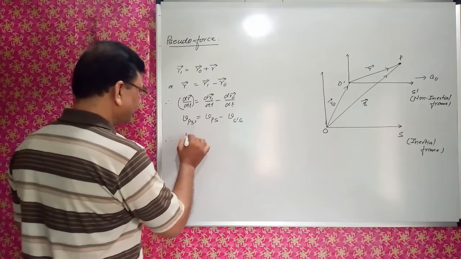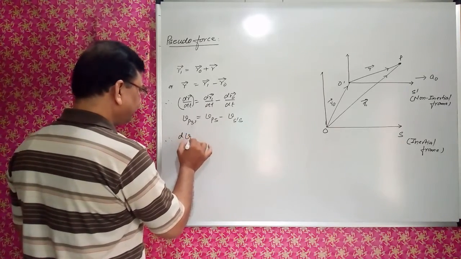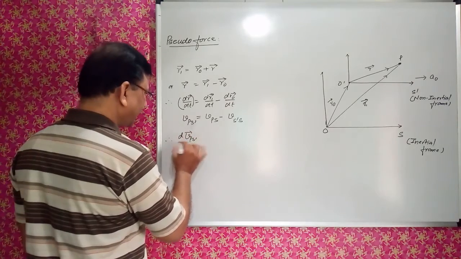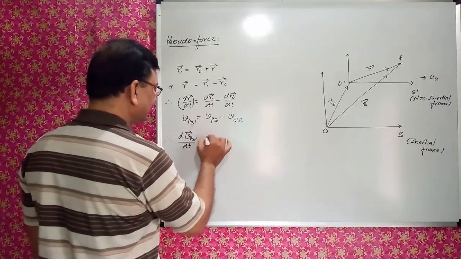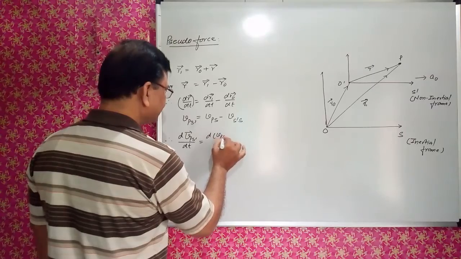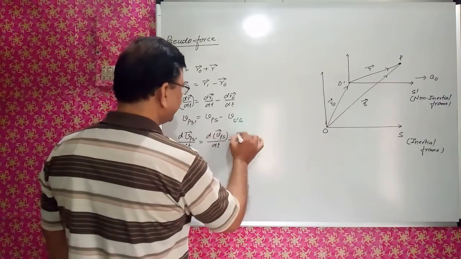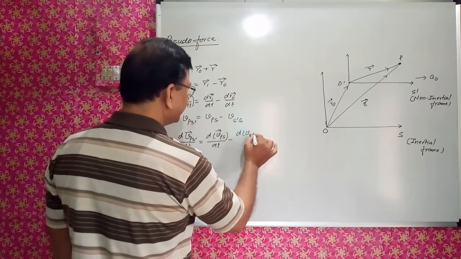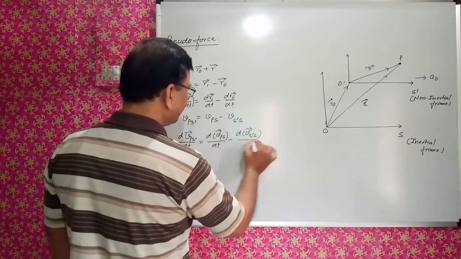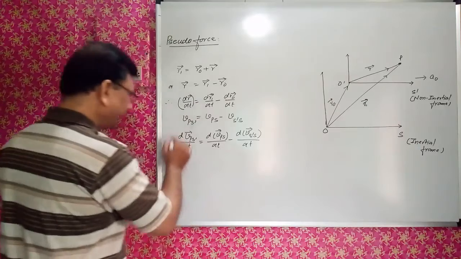Therefore, dv(P S dash)/dt is equal to dv(PS)/dt minus dv(S dash S)/dt. What is this?